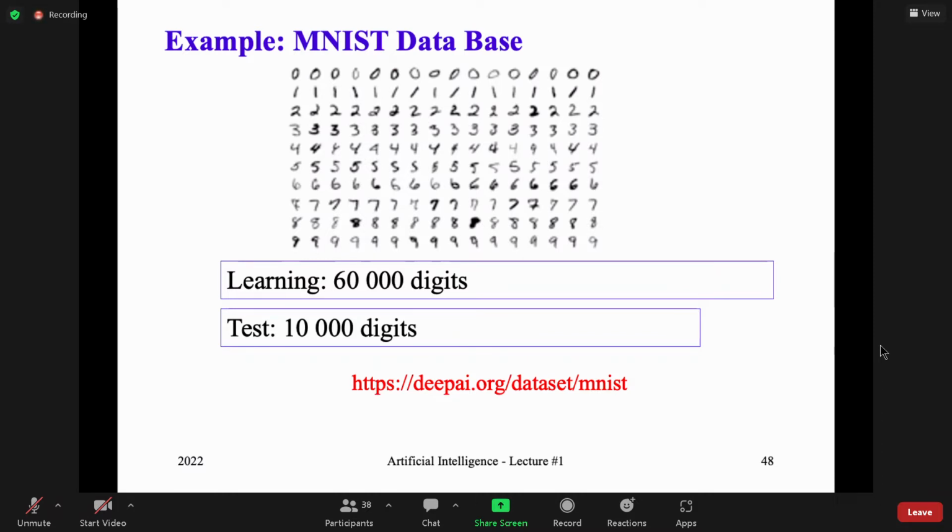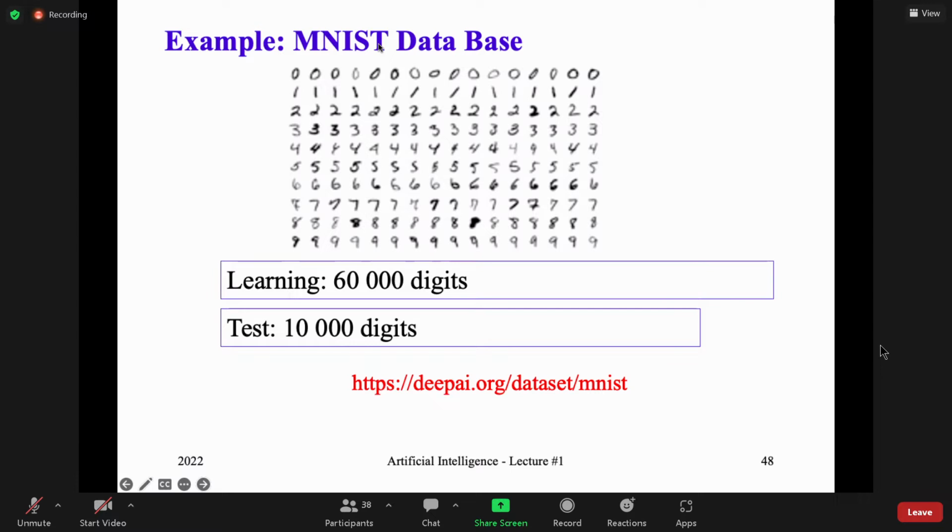The idea is to classify whether we have 0, 1, 2, and so on, up to 9. So it is to recognize and classify the 10 digits, because we have 0, 1, and so on until 9. What we have inside this database is the MNIST database.